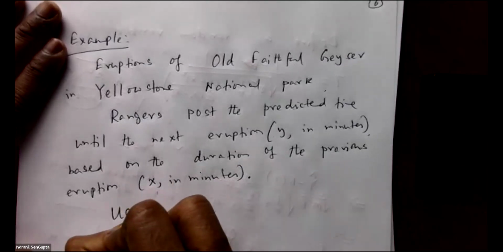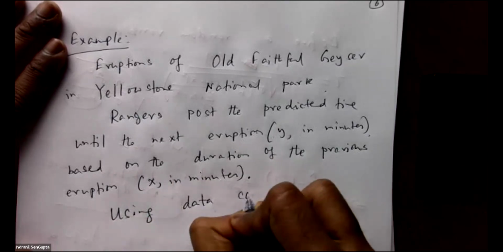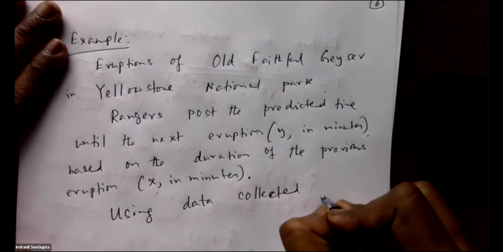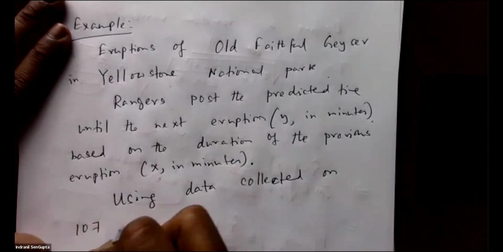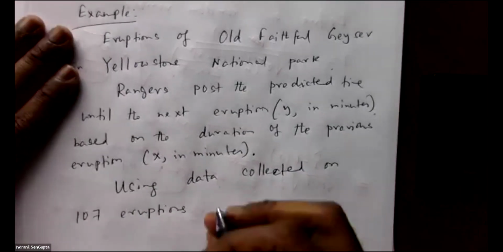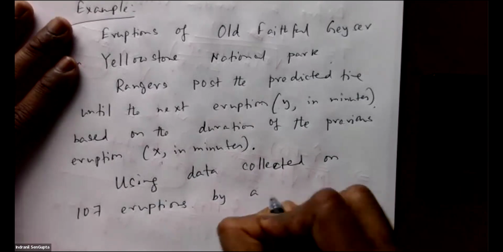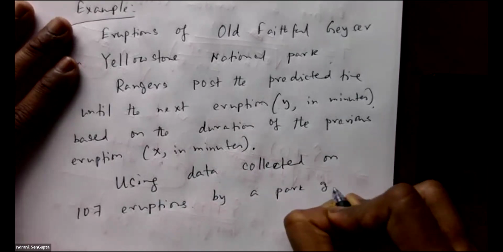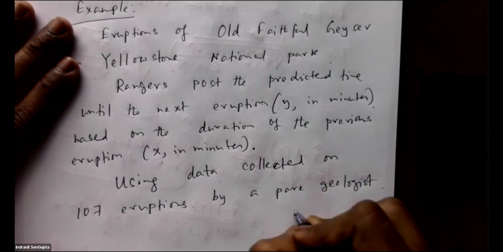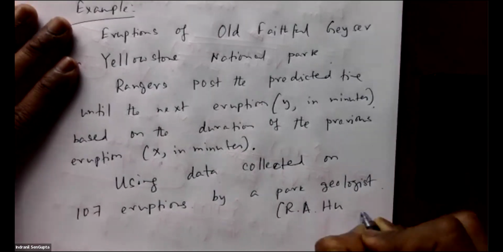So using data collected on 107 eruptions by some geologist, and the name of the geologist was R.A. Hutchinson.